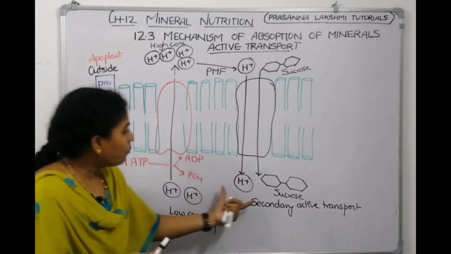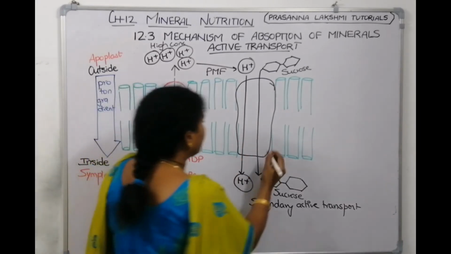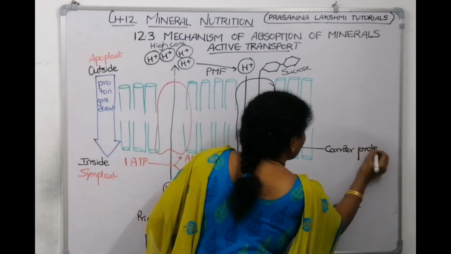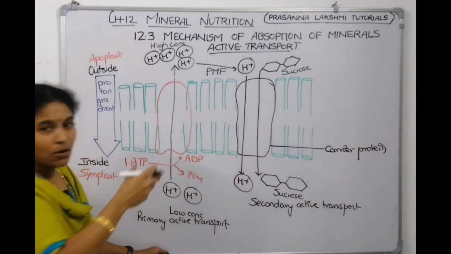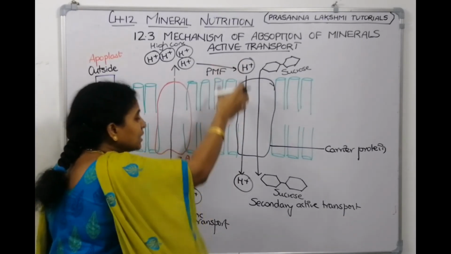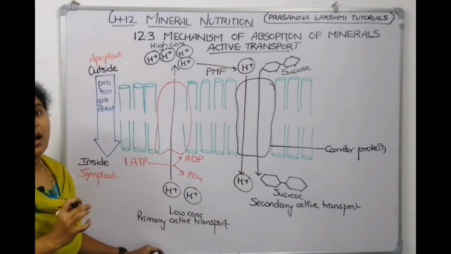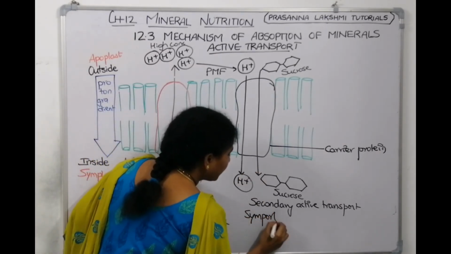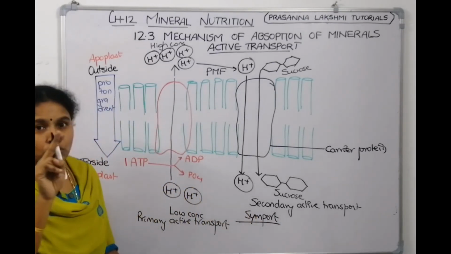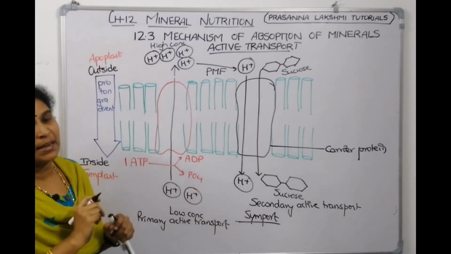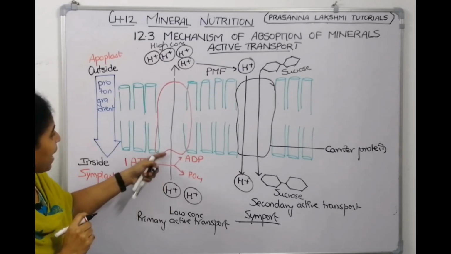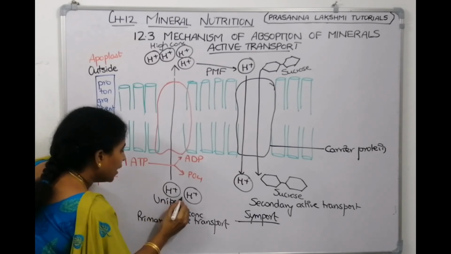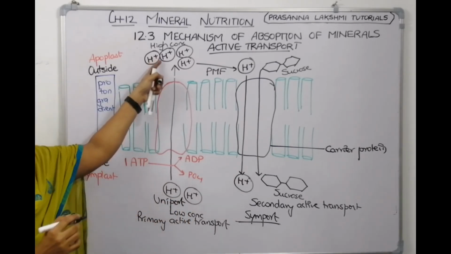Understood? Now, this is a carrier protein, right? If two particles cross a carrier protein in the same direction, what is it called? Symport. So this is an example of symport, because two particles are coming in the same direction. And if only one particle moves, that is uniport.